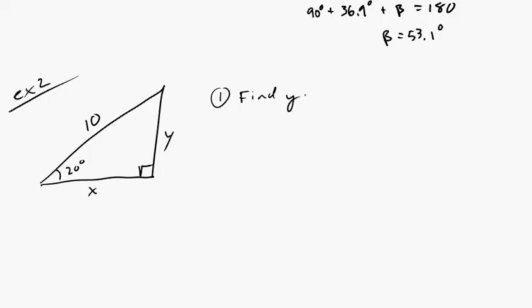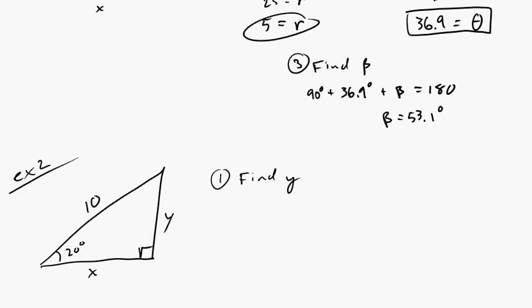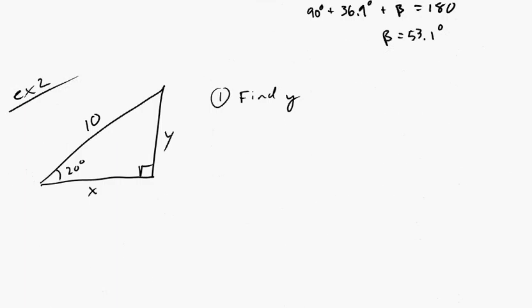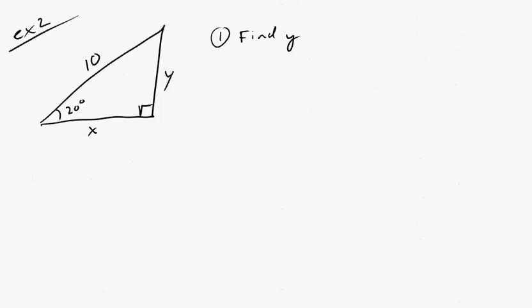Now we want to figure out using sine. And the reason is we have y, we have r and theta. We're trying to find y, and we have r and theta. So here, the equation was sine of theta. Now theta is 20 degrees. And it's y over r.